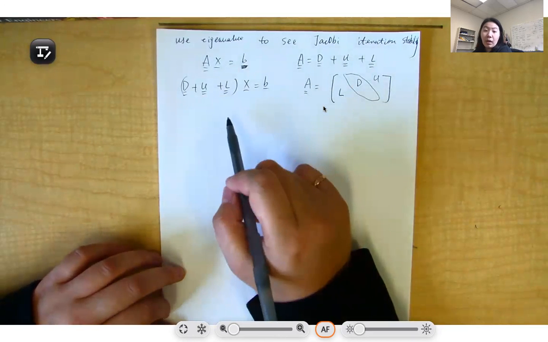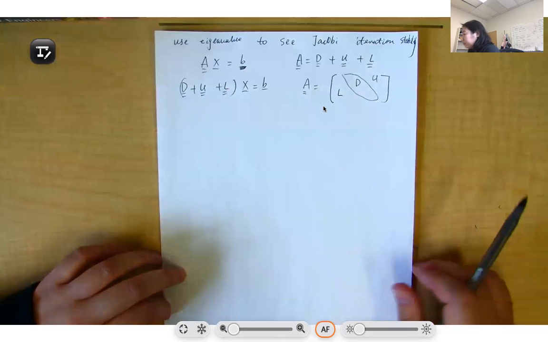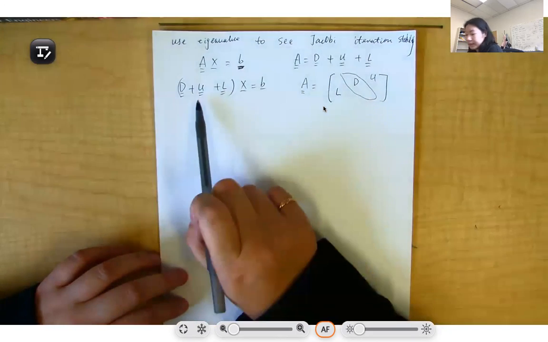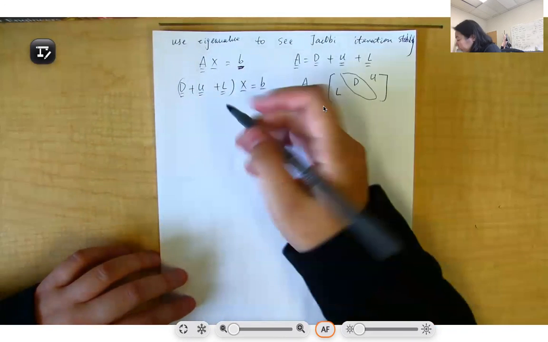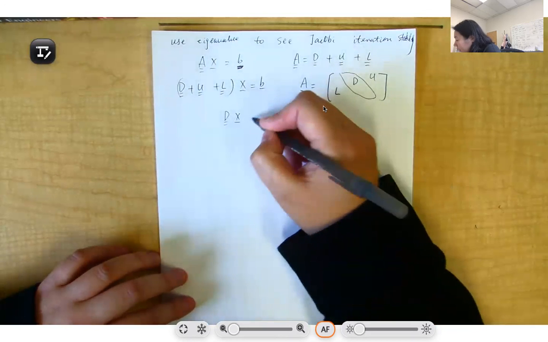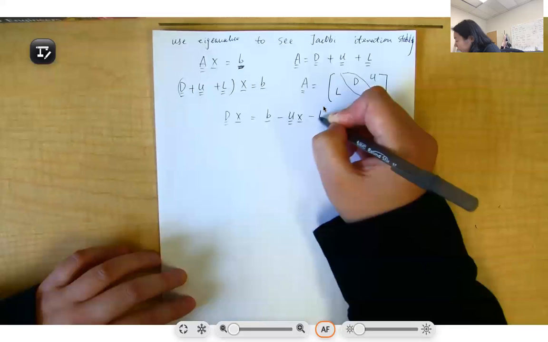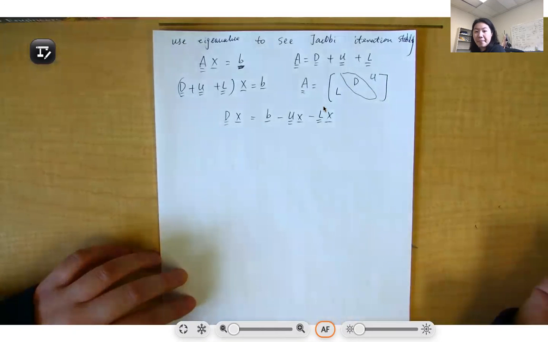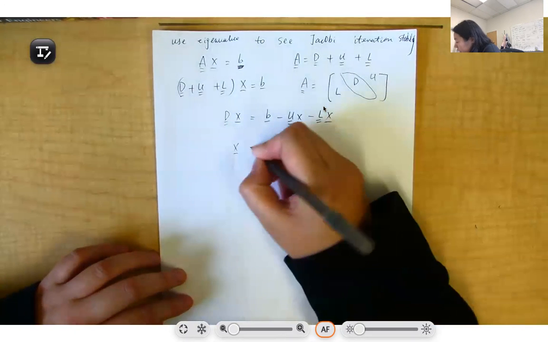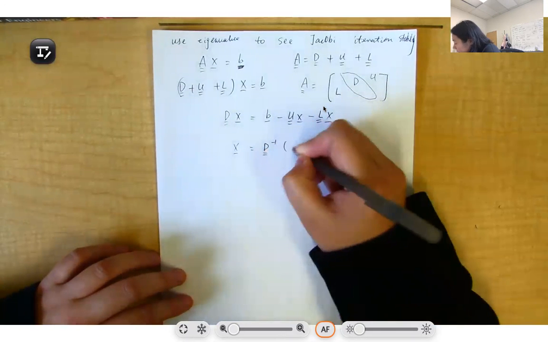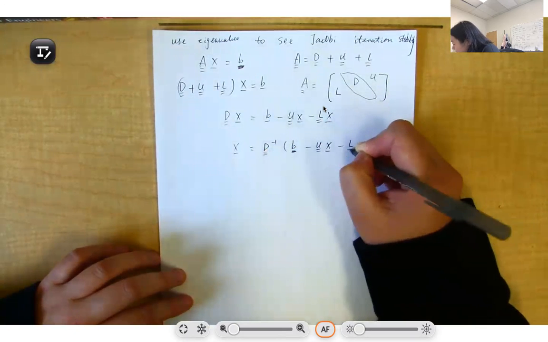And we can also write the Jacobi iteration using this format as well. So if we write it in this form with our AX equals B, then DX will equal B minus UX minus LX. After that, we know that X will equal D inverse times (B minus UX minus LX).